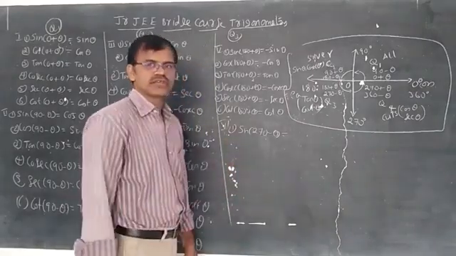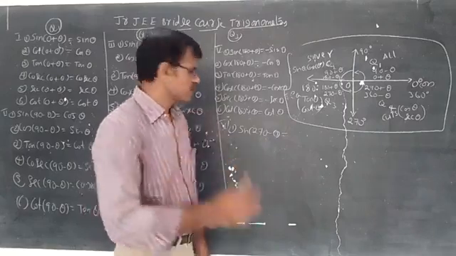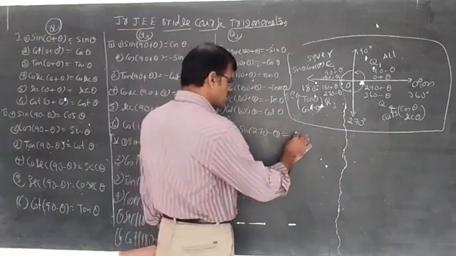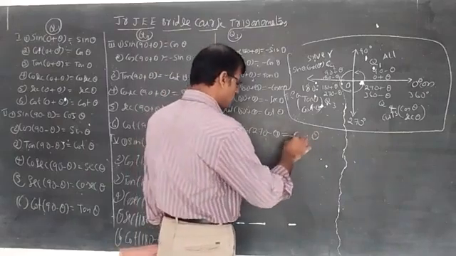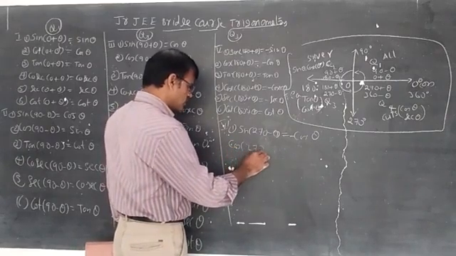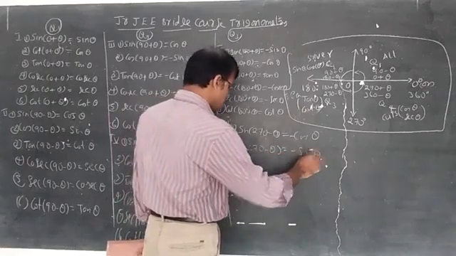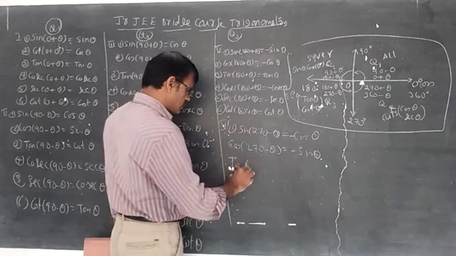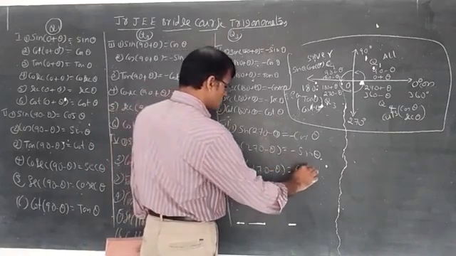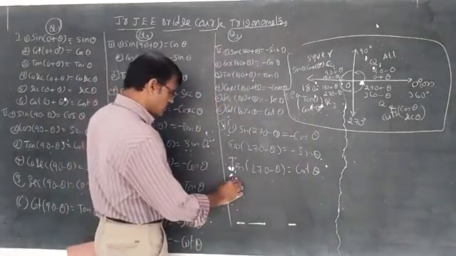In the case of 90 and 270, the trigonometric functions will be changed into their respective cofunctions. So sine of 270 minus theta becomes minus cos theta, and cos of 270 minus theta becomes minus sin theta. Tan of 270 minus theta will be changed into the cofunction, cot theta.